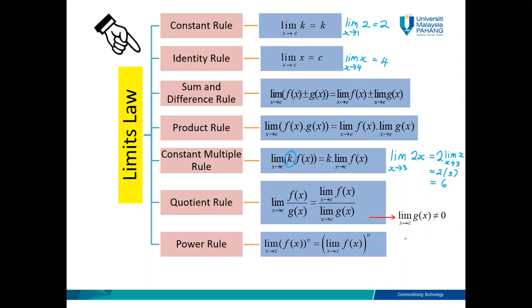For example, the limit of x squared when x approaches 2. This is the same as the limit of x when x approaches 2, squared. The limit of x when x approaches 2 is 2, and then squared, you get 4. It is the same: if you substitute 2 here, 2 squared is also 4. That is the limit technique.